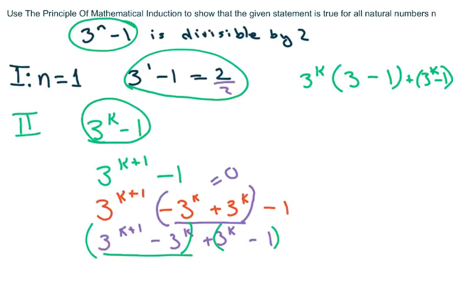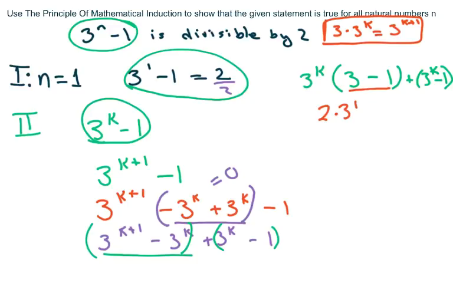Just to show you, I want to make sure you all know this. When you multiply 3 times 3^k, this equals 3^(k+1). I've gone over this in other videos, but you need to know this basic information. So I can do that, and when I do that, I'm going to get 2 times 3^k plus 3^k minus the big 1.